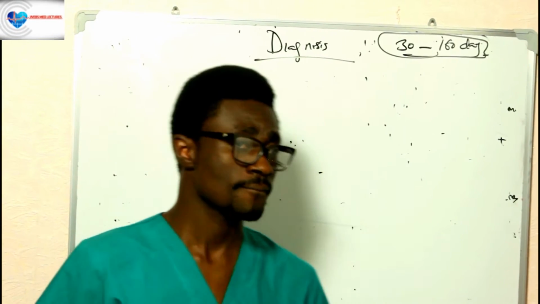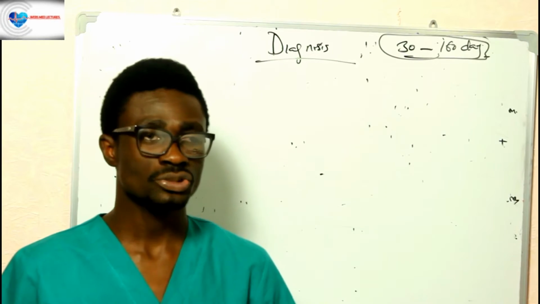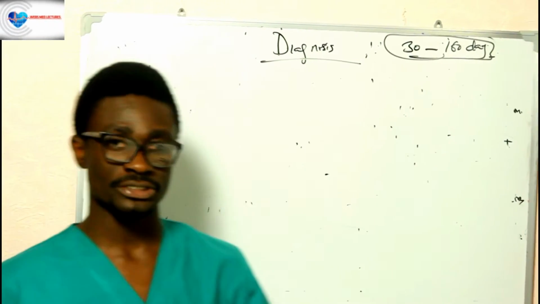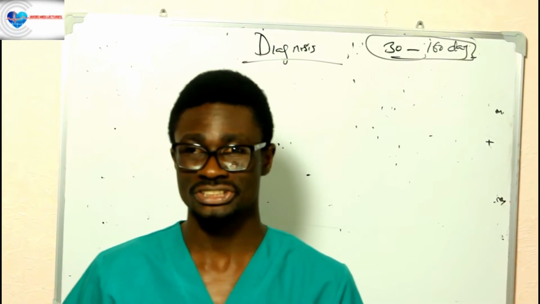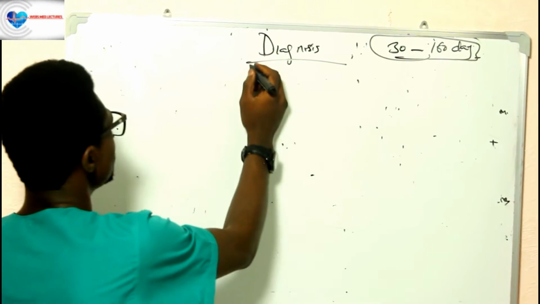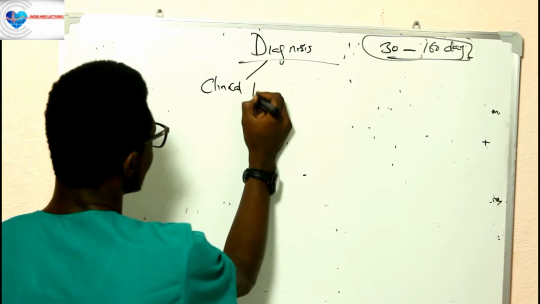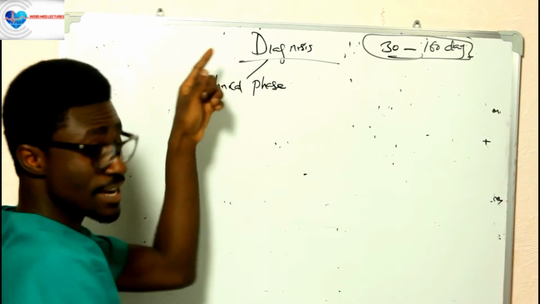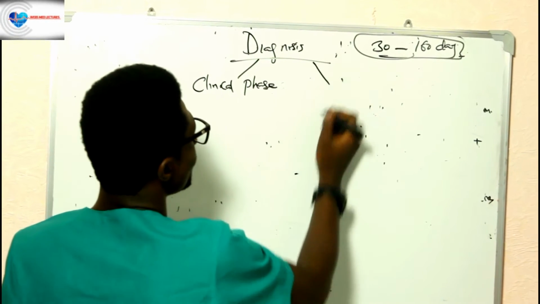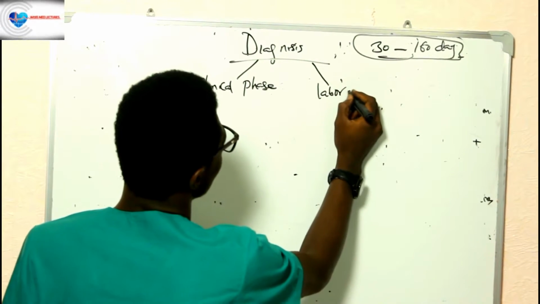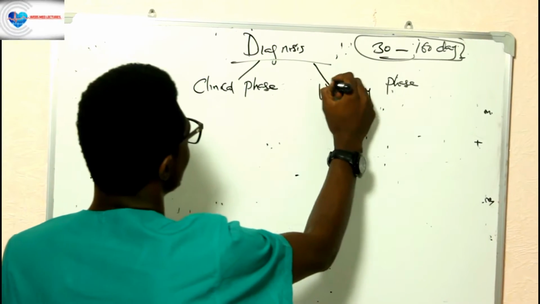Okay, but for us to discuss this particular diagnosis, I want us to divide it into clinical presentation and laboratory investigations. So we have the clinical phase or presentation of the diagnosis, and then we have the laboratory phase for the diagnosis.